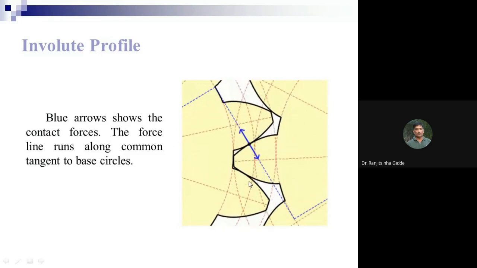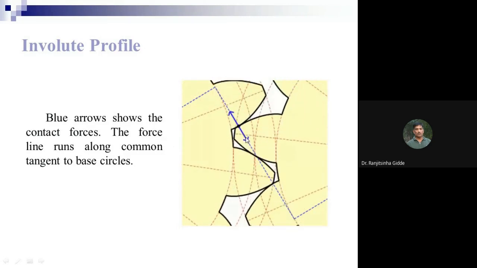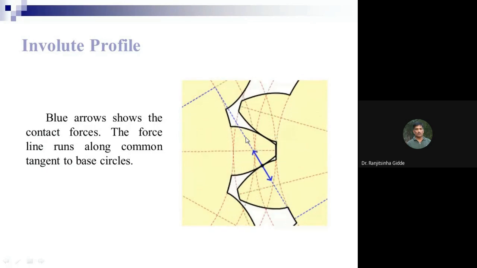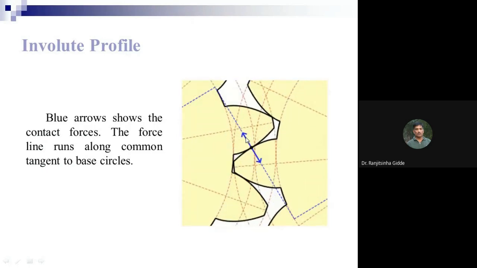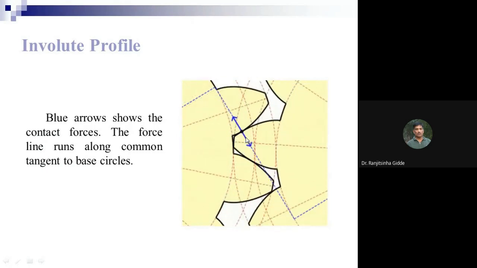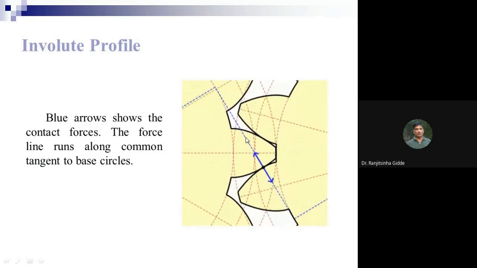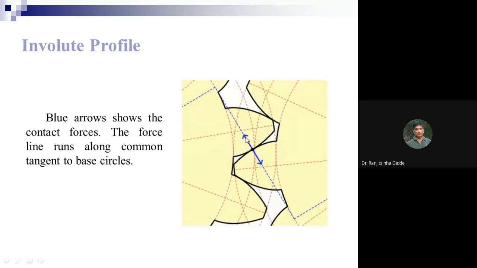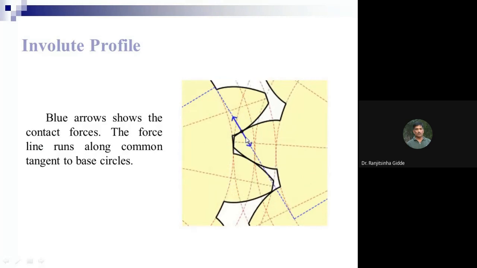Now, for a tooth, we can choose any arbitrary shape. So it can be chosen.